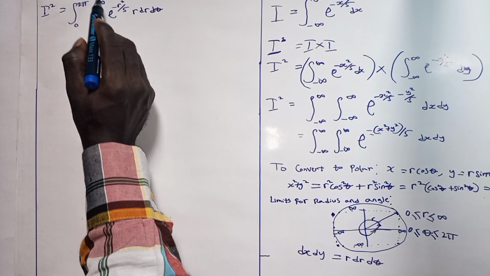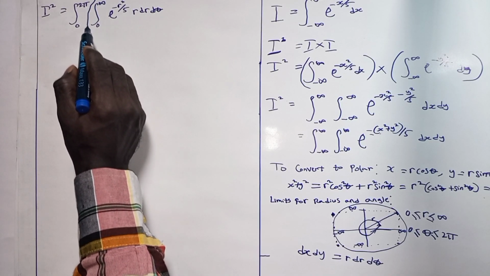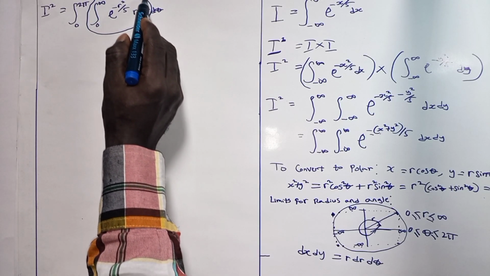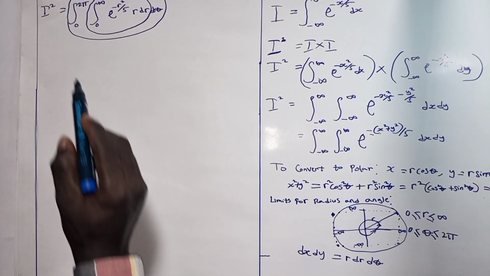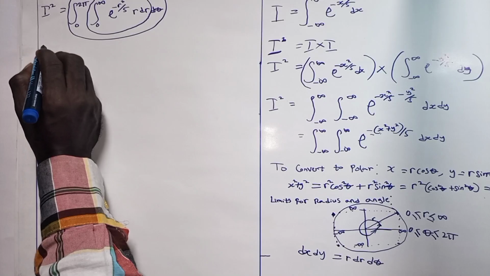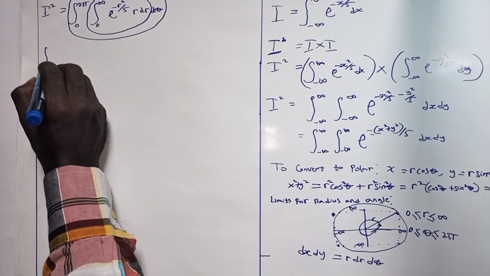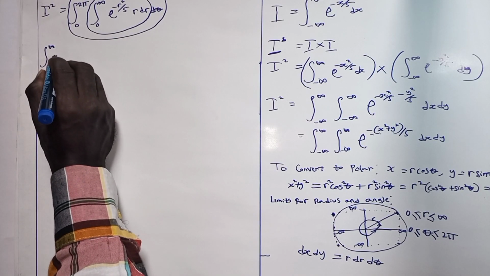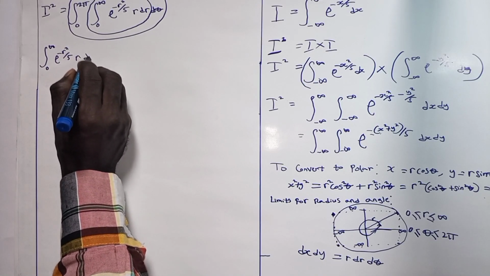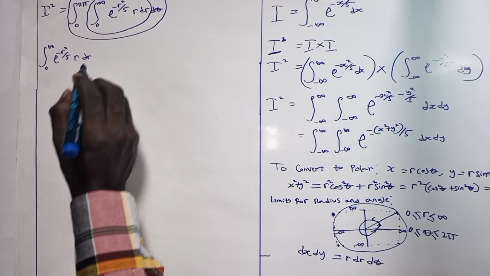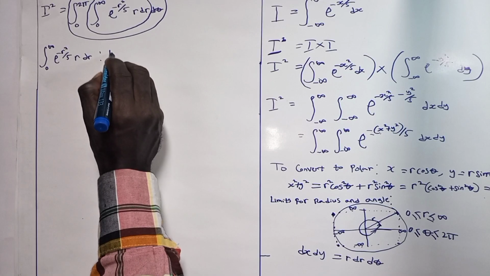Let's solve the inner part first. Let's deal with the radius part, then later we'll do the other part. So now for the radius part, let's take exponential of minus r square over 5 times r dr. Let's apply substitution.